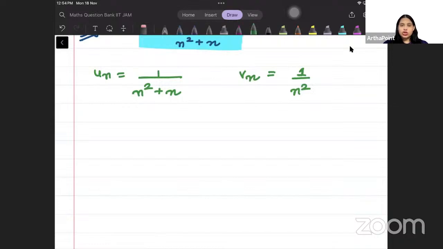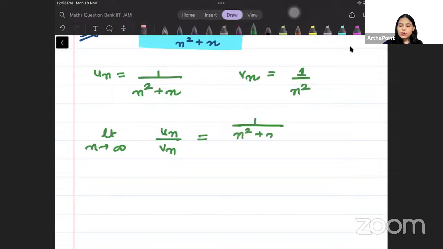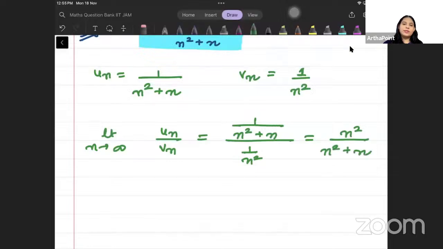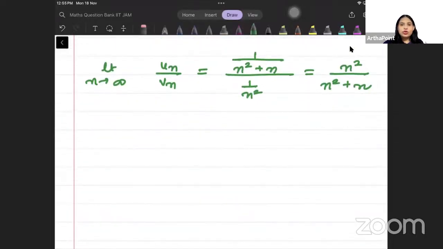आपको limit constant चाहिए. So limit n tends to infinity, Un by Vn will be 1 upon n square plus n upon 1 upon n square. It will be n square upon n square plus n. So you can divide both numerator and denominator by the highest power. So limit n tends to infinity, 1 upon 1 plus 1 by n.